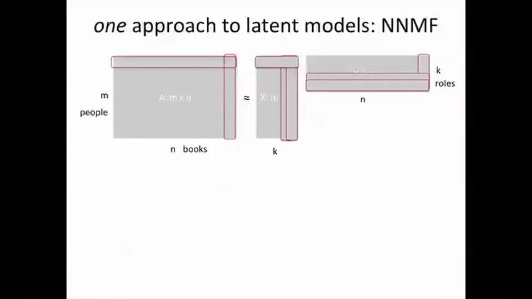The extent to which each of these roles is present in this person is determined by the weights that the first row of X tells us.